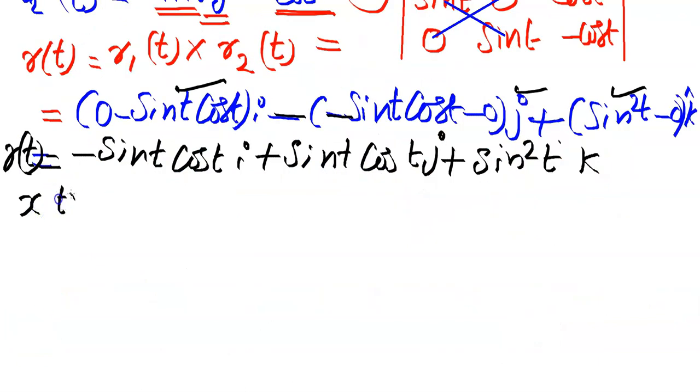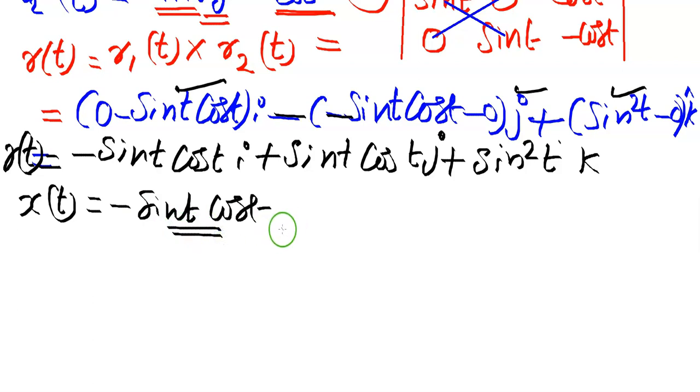x of t is equal to minus sin t cos t. Sin t is defined for all values of t. Cos t is defined for all values of t. Therefore, minus sin t cos t is defined for all values of t.